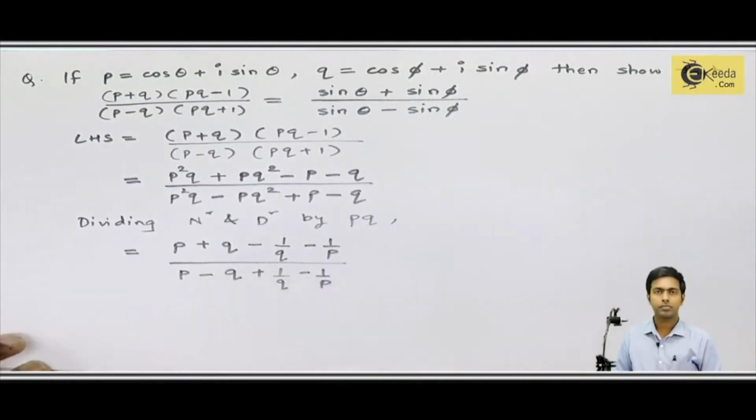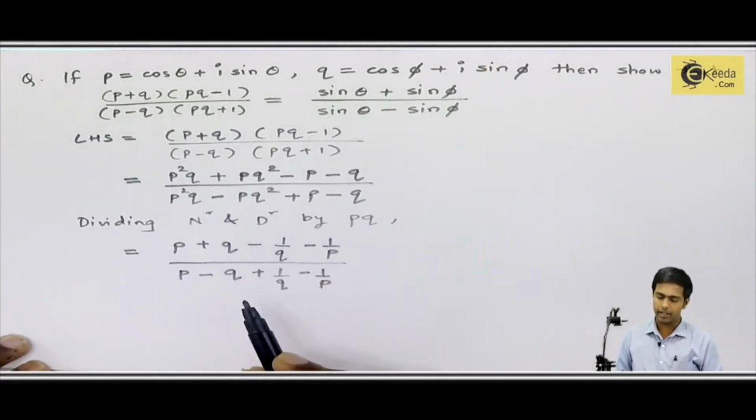and here I will get minus 1 upon P. Now what we'll do is, we will rearrange the terms and we'll take all P terms together and all Q terms together.